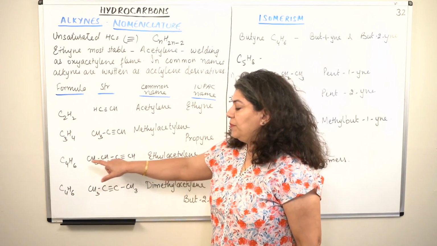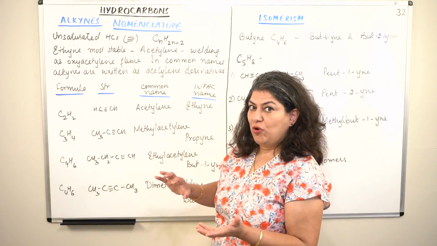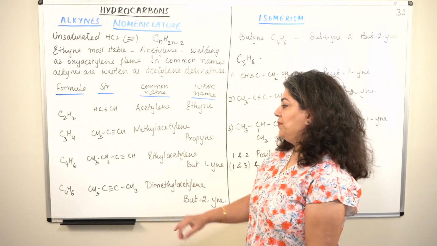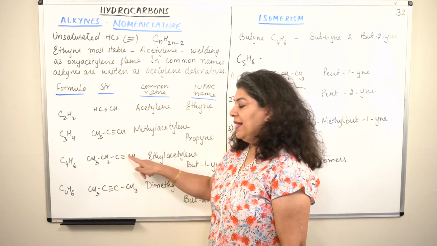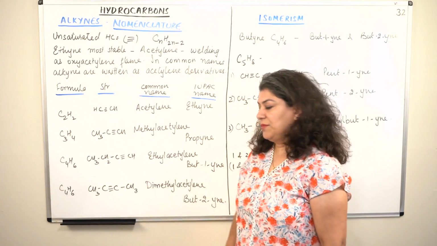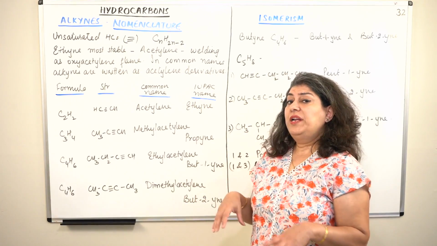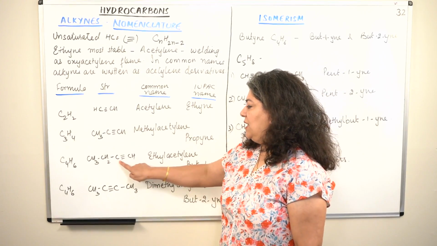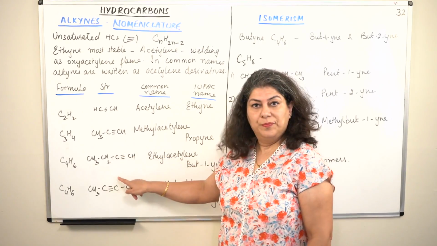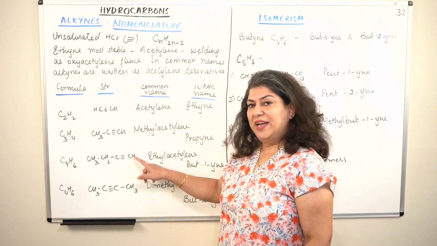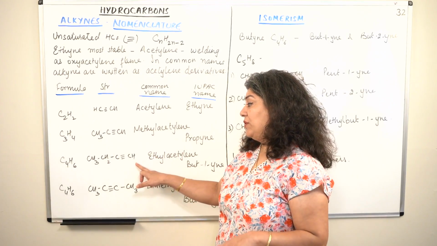So butyne would have 2 isomeric forms, or it can have 2 structures. So let us first make one structure, CH3, CH2, C, and there's a triple bond between these 2 carbon atoms. So according to the common nomenclature, C triple bond C, and only H, this is acetylene. If in place of H there was any other substituent, we would have written that.